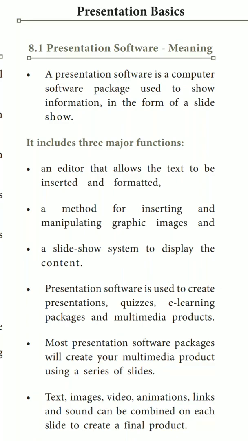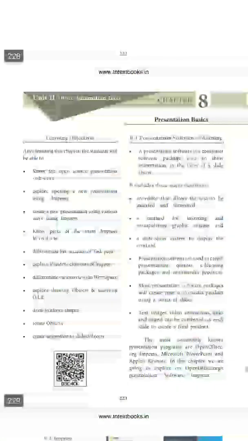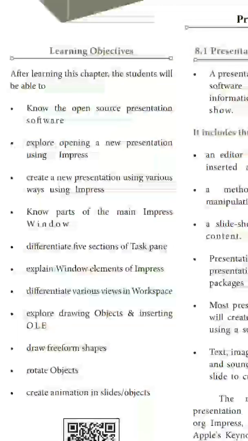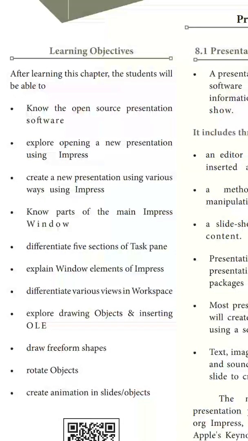Here you can see that in this chapter we are going to see how to open a presentation software, how to create a new presentation in Impress, various ways of using Impress, and know all the parts in the main window of Impress.